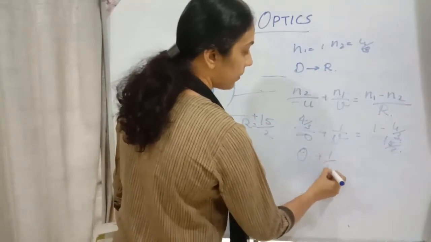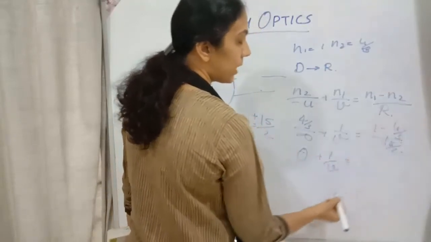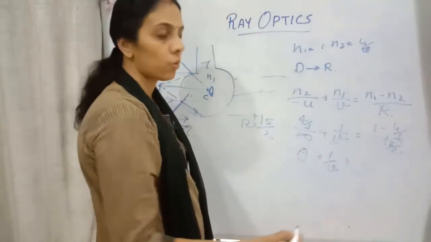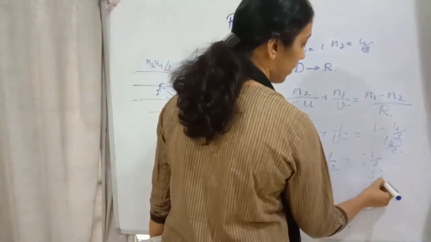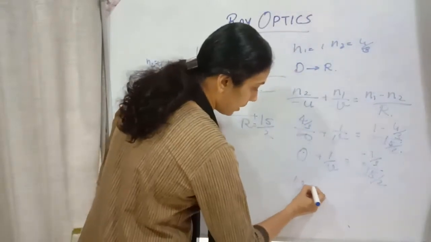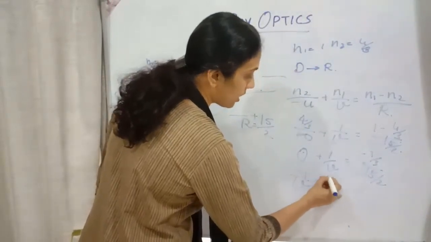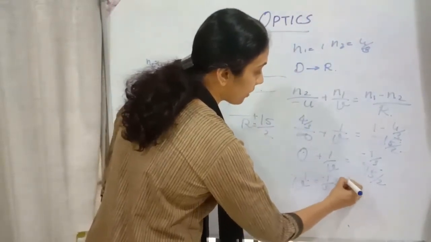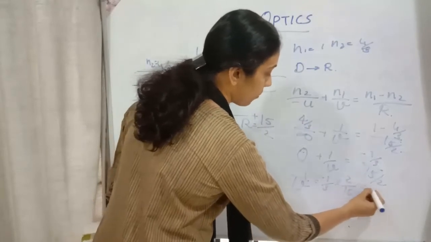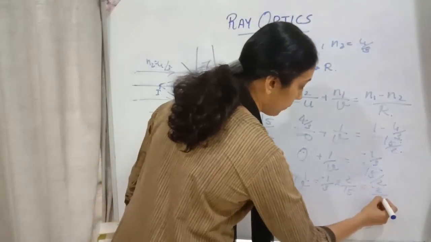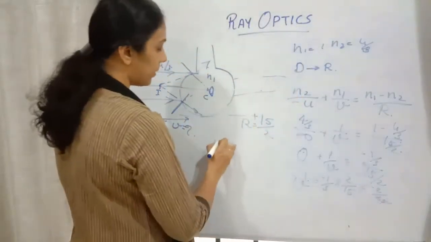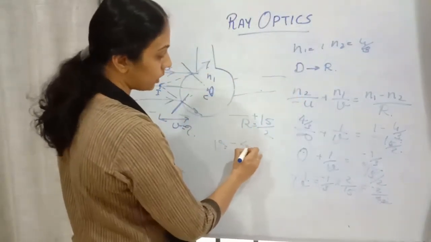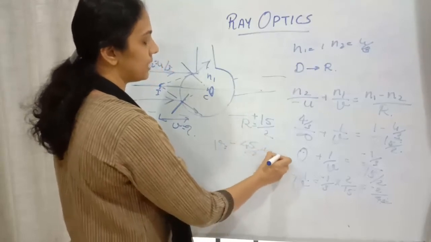So 1/v equals 1 minus 4/3, that is 3/3 minus 4/3, which is minus 1/3, divided by 15 divided by 2. So 1/v equals minus 1/3 into 2/15. So we will get minus 2 divided by 45. Therefore we will get v as minus 45 divided by 2 centimeter.